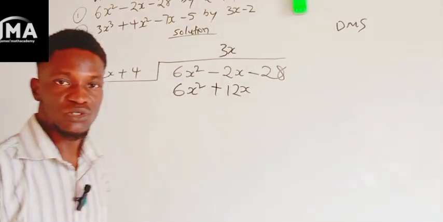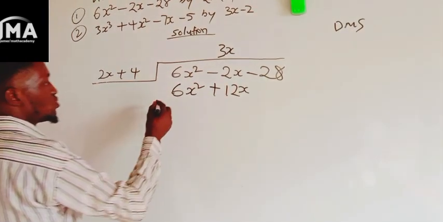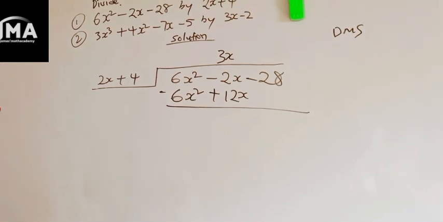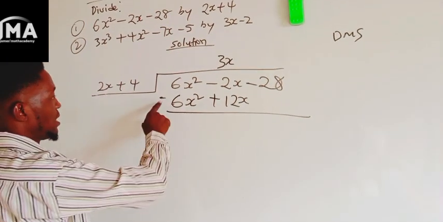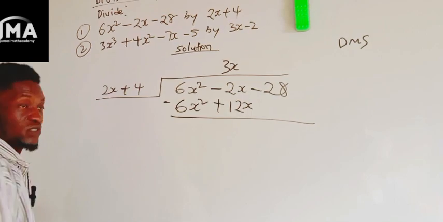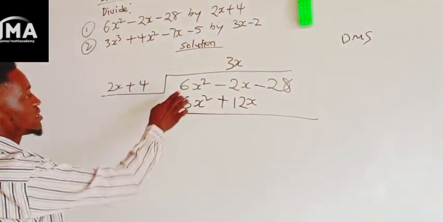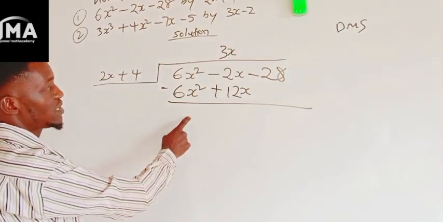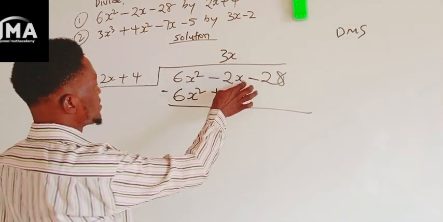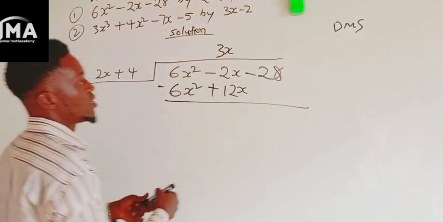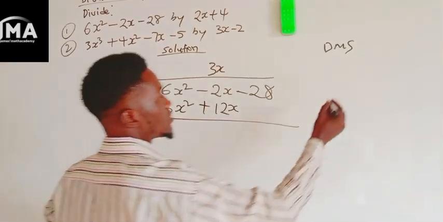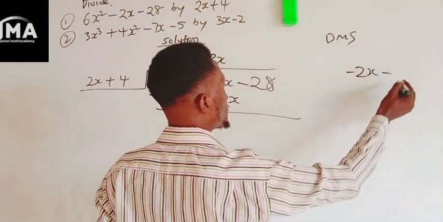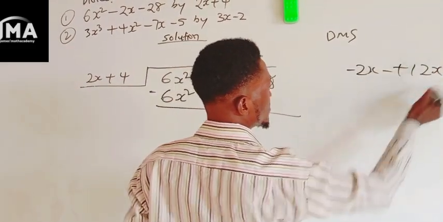After multiplication is subtraction. In my subtraction, I have to draw my line and I put minus, because I'm going to subtract there. So 6x squared minus 6x squared is 0, so there's no point in writing it. Minus 2x minus plus 12x.